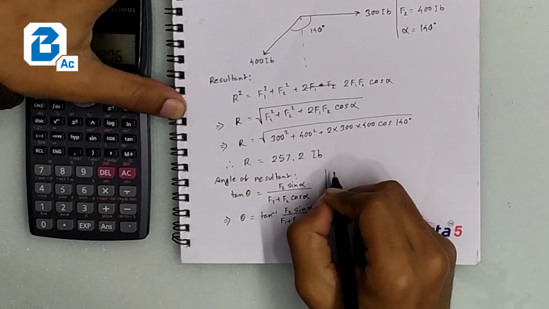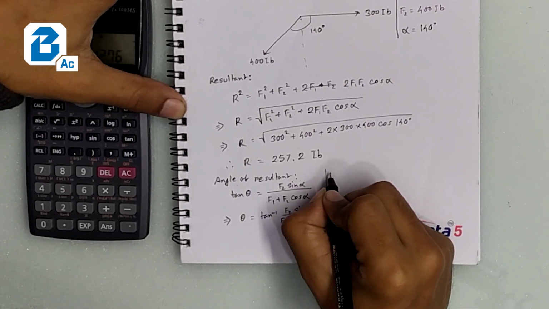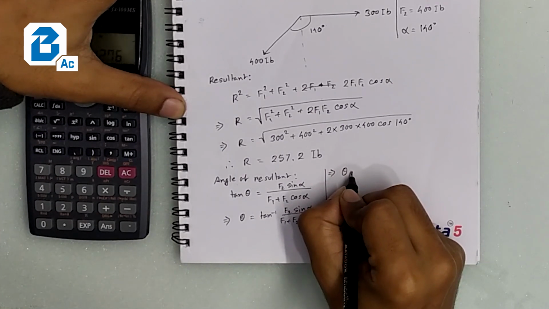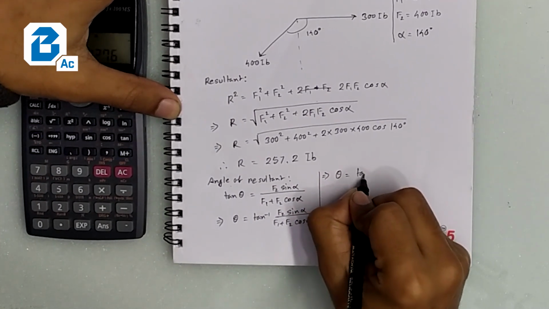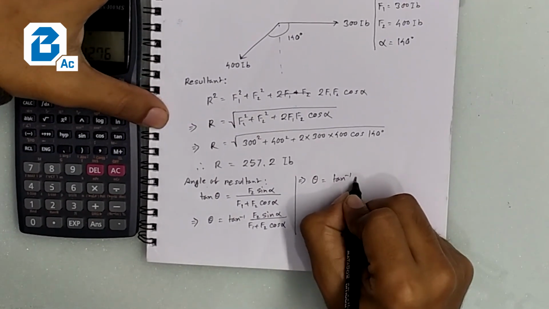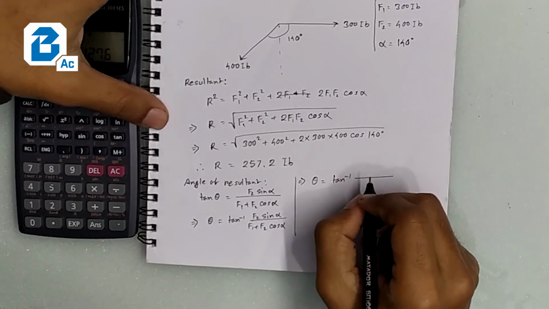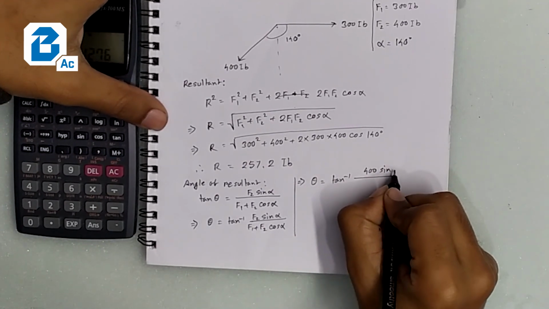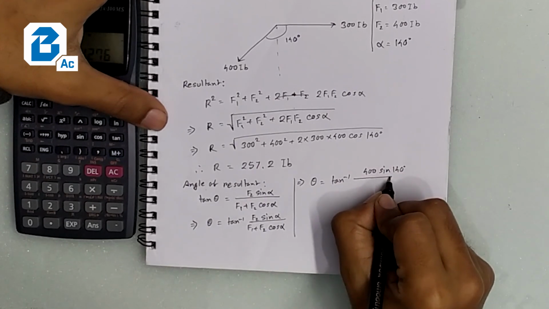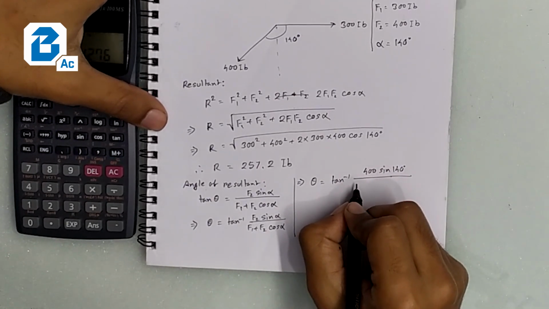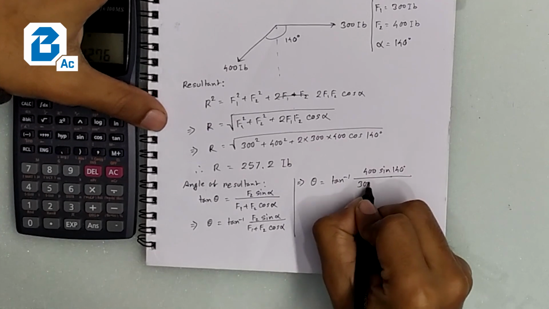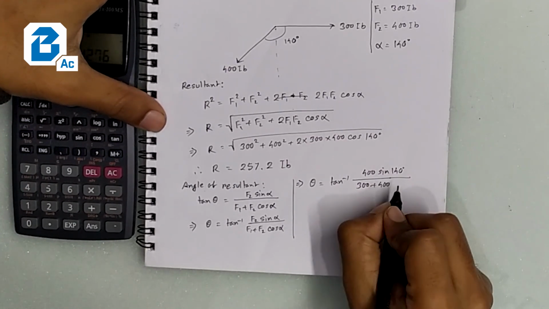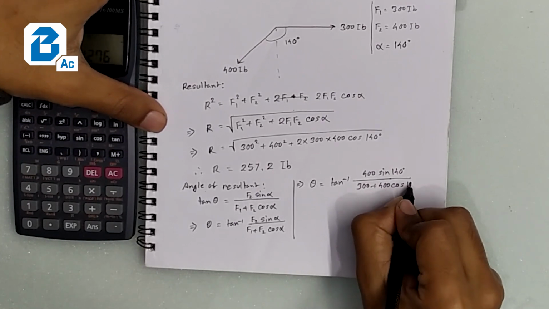Then we will go this side and put the values of F2, F1 and alpha. So we can write tan inverse, the value of F2 is 400 sin alpha. Alpha is 140 degrees. Then we will write F1. F1 is 300 pounds plus F2, 400 cos 140 degrees.